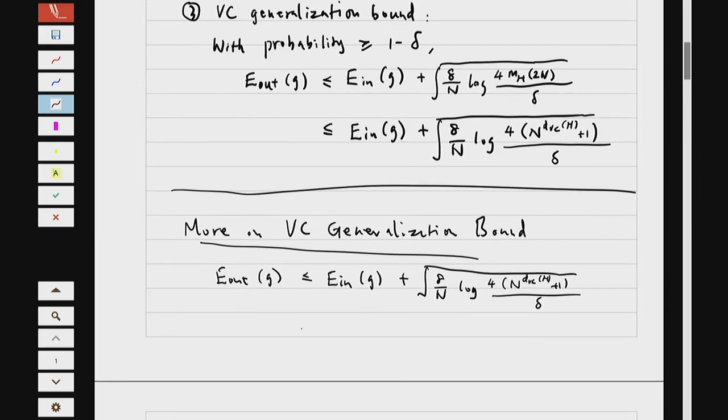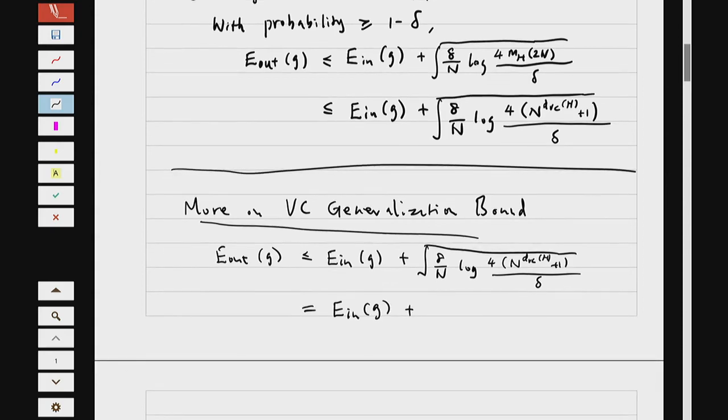We can write one more step to see a bit more clearly what this is. Because in general, we have big data, N is large. So let's look at the scaling of this thing. When N is large, I can drop this plus 1, just a constant. And then this log of N to the power becomes d_VC times log N. And then I can drop the 8 and 4 because we're just looking at scaling.